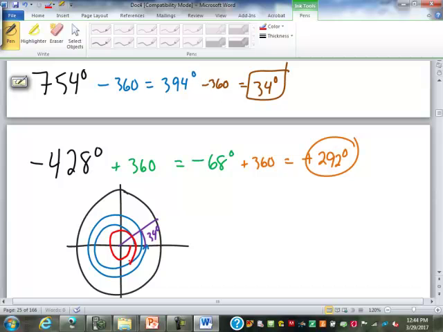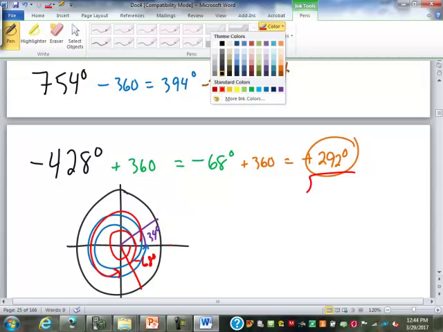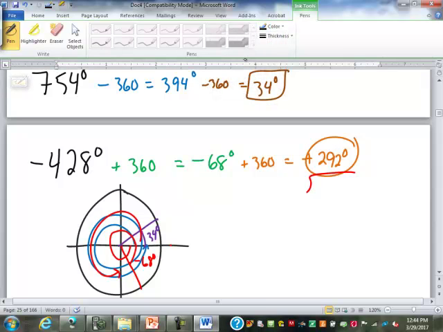I have to go another negative 68 to get there. So then I would still have to do a little work here. It's 360 minus 68 gives me the 292 to get at it from the front side, but still. Does that make sense? It can be. And for some people that are visual, they like to do that.